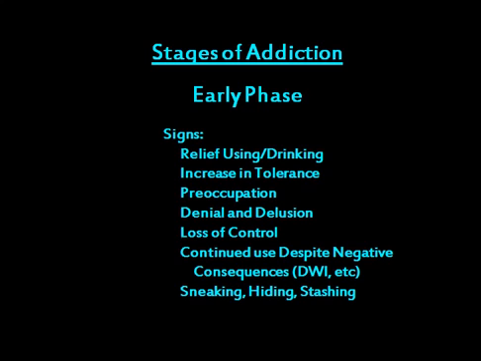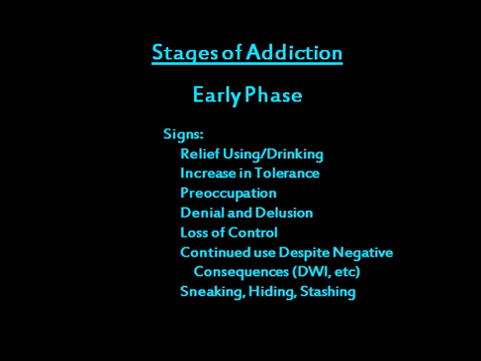There's a preoccupation. What's that problem person doing now? It's lunchtime. I wonder where they're at. There's denial and delusion. This is just a phase. If I just help him along, he'll be okay. There's a loss of control over eating or over yelling at the kids or losing our temper, and emotional loss of control.